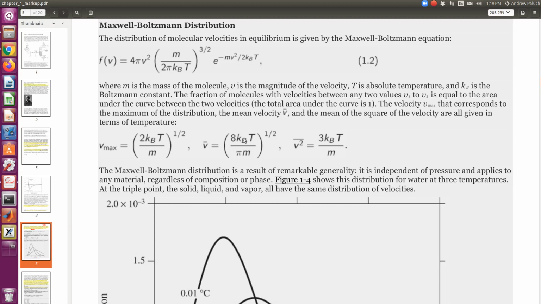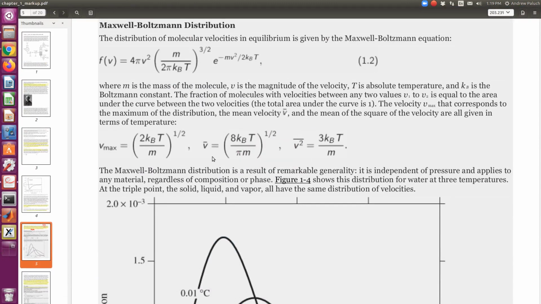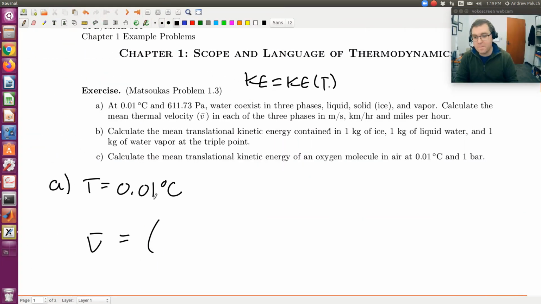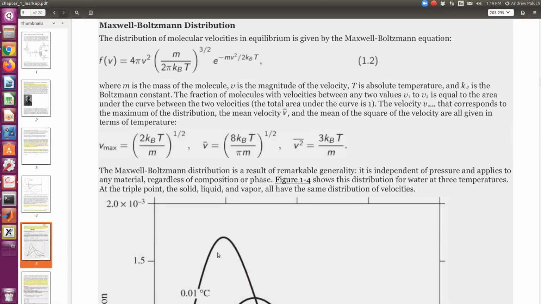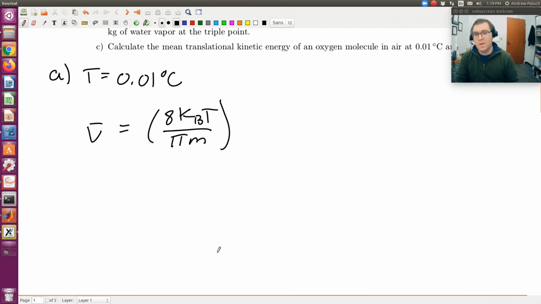The mean thermal velocity, v bar, is given as (8 k_B T over pi m) raised to the 1/2 power. We'll simplify this in a second.